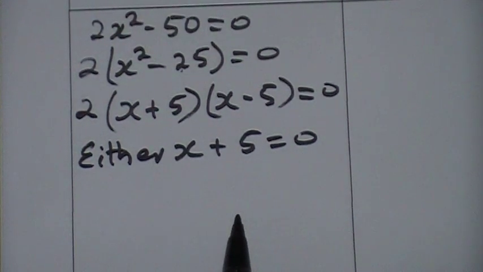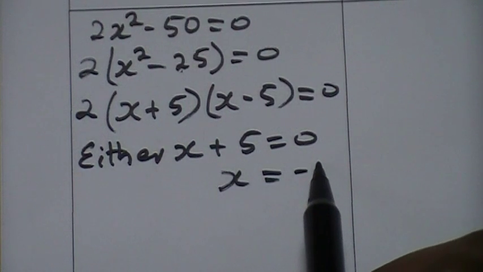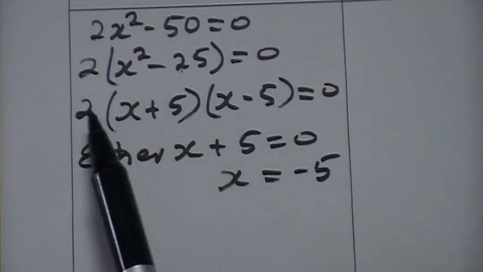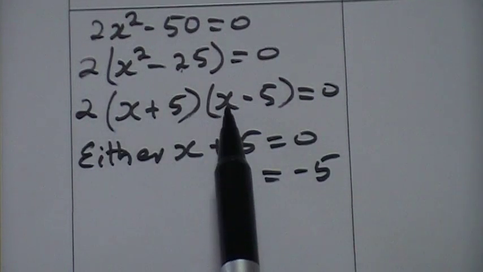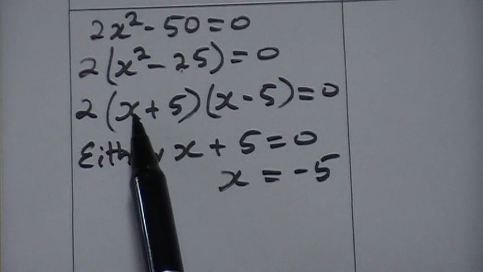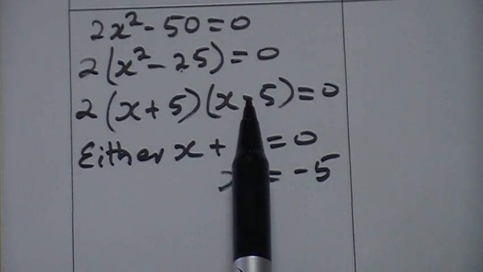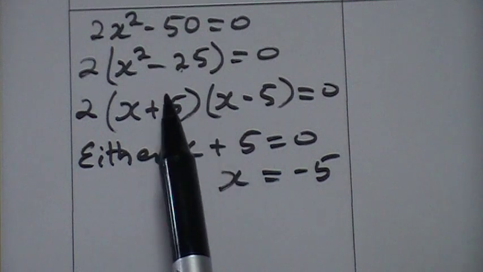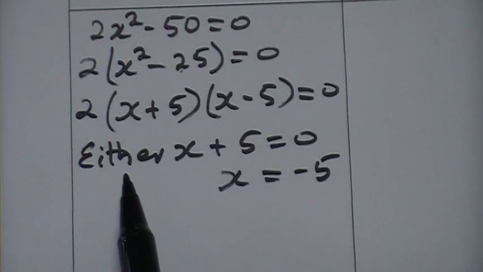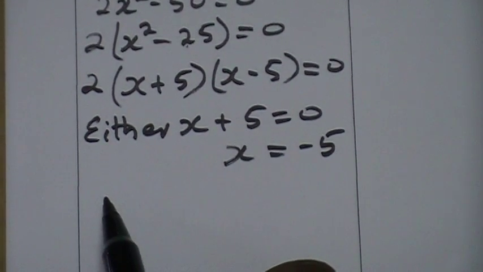So, when x plus 5 is equal to 0, subtracting 5 from both sides, we have x must be negative 5. If you put negative 5 into this equation, where x is, then we'll get 0. Negative 5 plus 5, that's 0. And negative 5 minus 5, that's negative 10. And so 2 times 0 times negative 10 will also surely be 0. And this one could also be 0.